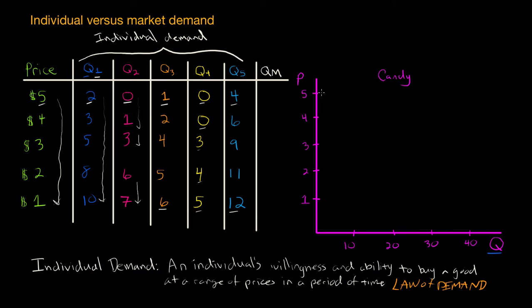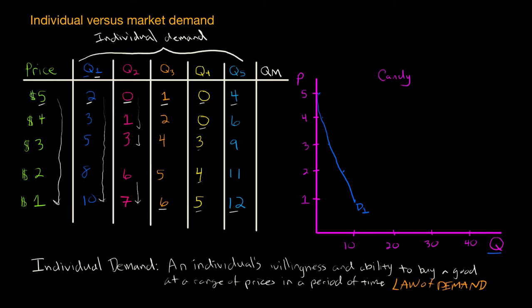But I can put a couple estimated points here. At a price of $5, a very small quantity of candy is demanded by individual 1. As the price falls, slightly more candy is demanded. And when the price is down at $1, 10 pieces of candy are demanded. So the blue line I'm drawing here represents individual 1's, call this D1, individual demand for candy.